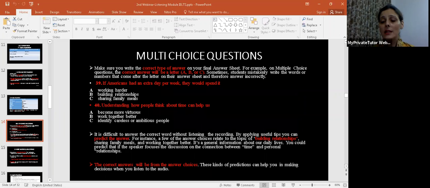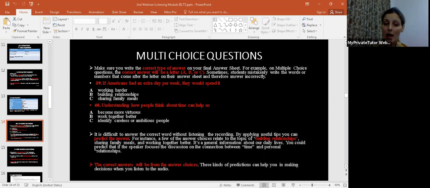Then the first question is a multiple choice question. How are you going to attempt it? It is going to be in the form of one statement with the options. But make sure you write the correct answer type in front of each question. If they are in front of you in the form of ABC, as I have written, you have to mention A is correct or B is correct, whatever the correct answer is.